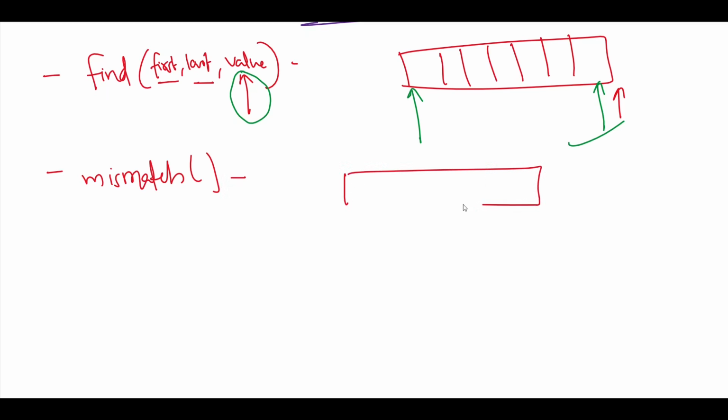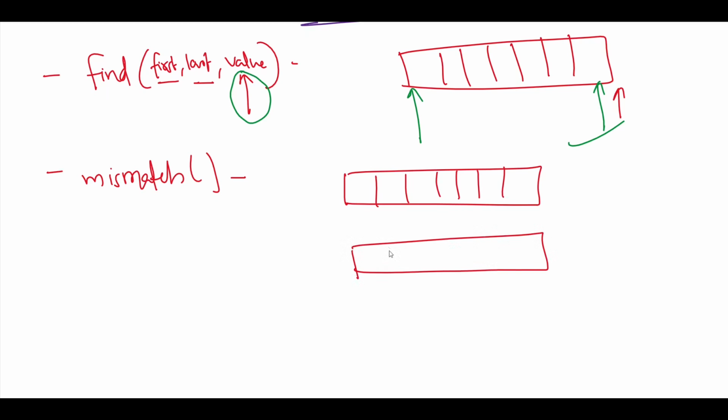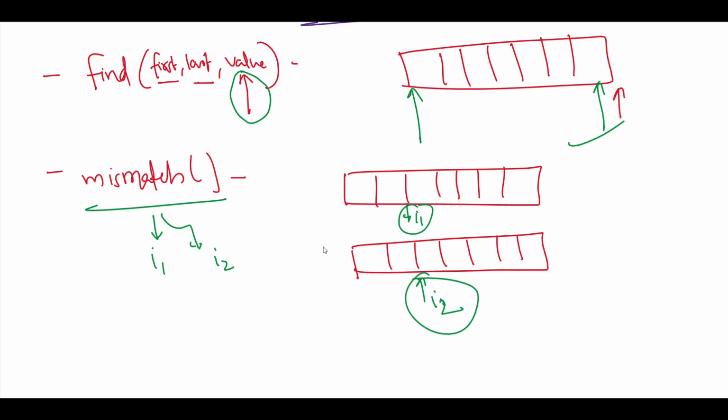So it means suppose we have a container here and we have another container at this place. So this function is going to return two iterators, maybe one is I1 and another is I2. So suppose this is I1 and this is I2. It means this is the place where the mismatch occurred, right?